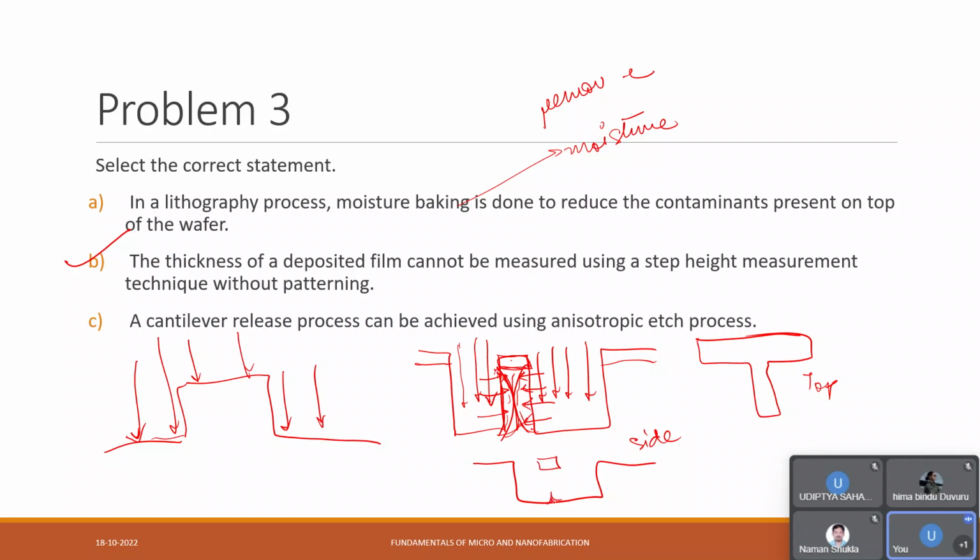That's why you may get features like this in the silicon substrate. So for the cantilever release process, we need an isotropic etch process. So this statement will be wrong, and these are the options that will be correct.